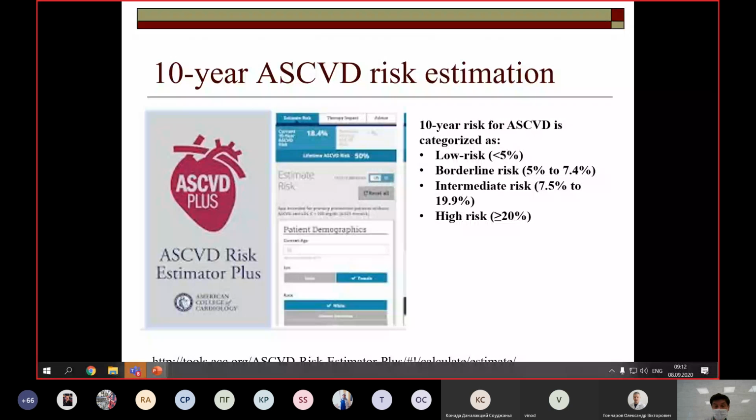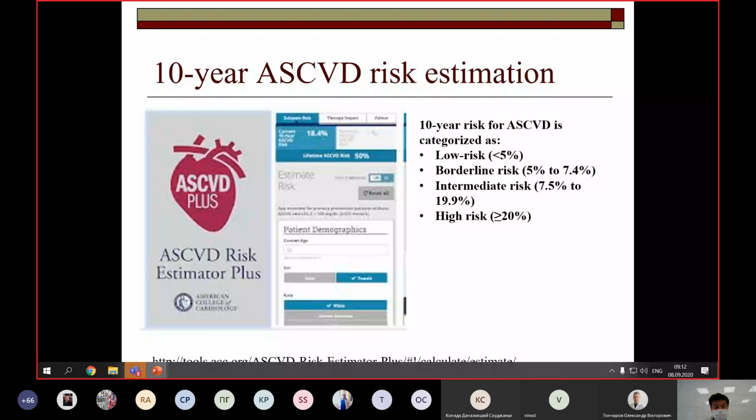You can use it. Please take into consideration that the 10-year risk of atherosclerotic cardiovascular disease is categorized as follows. Low risk is less than 5%, borderline risk is between 5 and 7.4%, intermediate risk is 7.5 to 19.9%, and high risk is all patients having estimated cardiovascular risk above 20%.